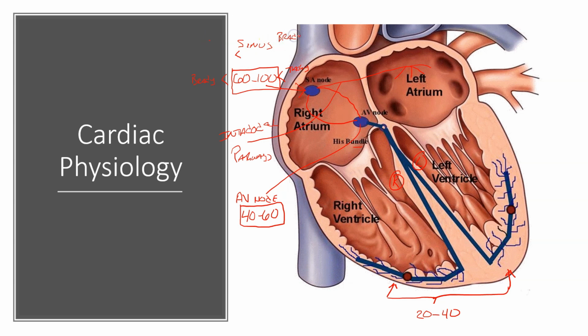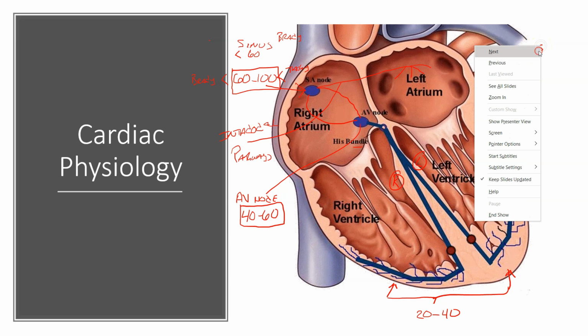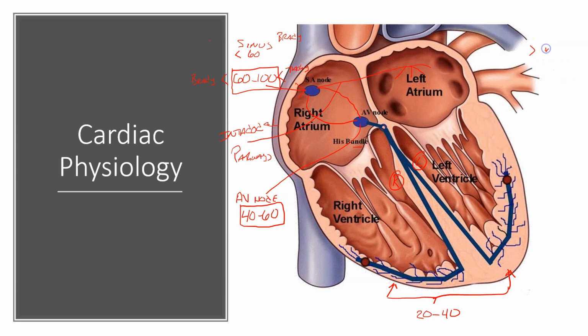So sinus brady is less than 60. If it is a sinus tach, if it is greater than 100, then we say that this is a sinus tachycardia.